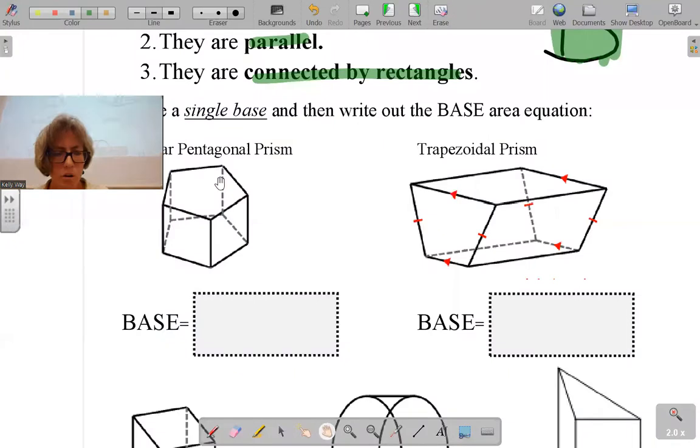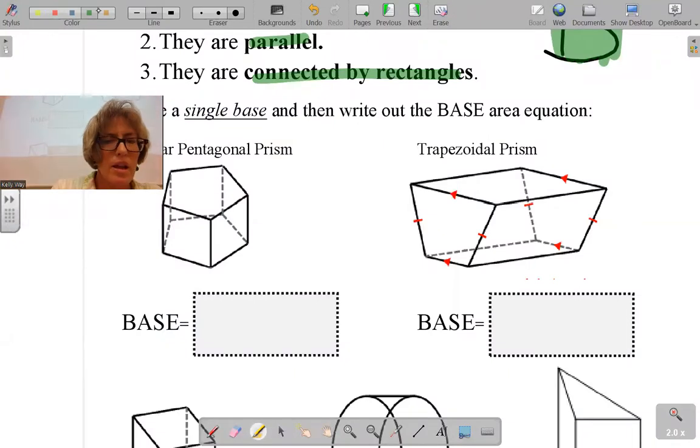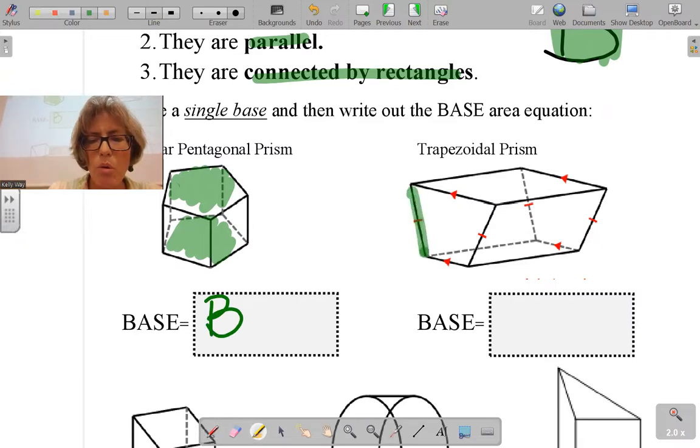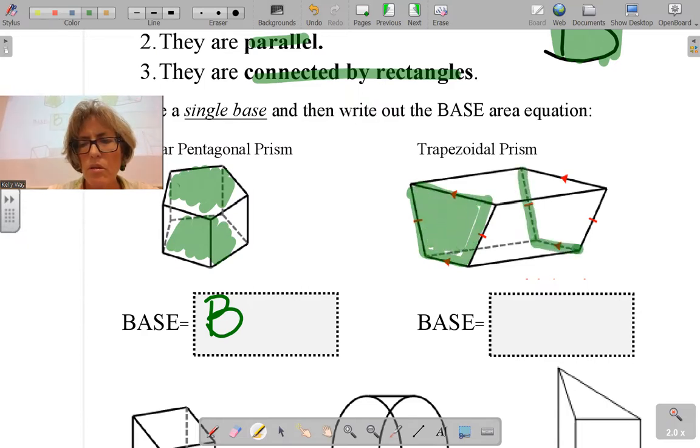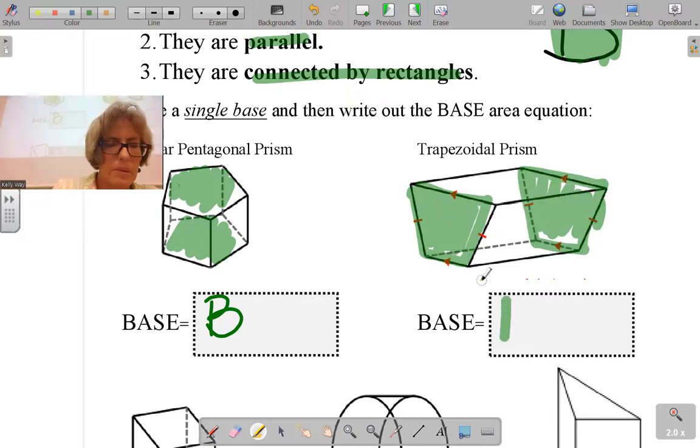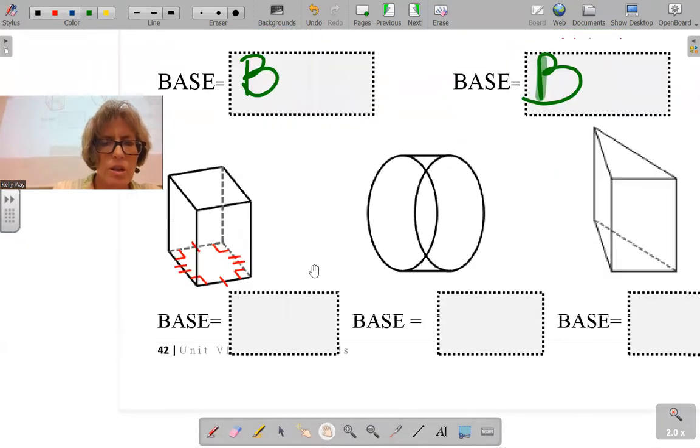So right here, we're going to identify our bases. And we are going to find the area of one base. I'm going to shade them both, but we're only going to find the area of one base. So keep that in mind.